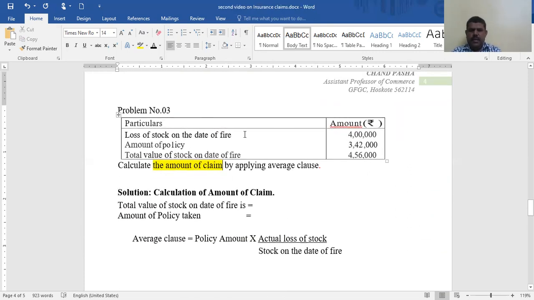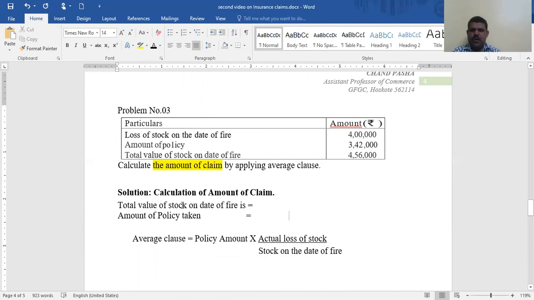Loss 4 lakh, amount of policy 3,42,000 and the stock on the date of fire is 4,56,000. So, solution, calculation of amount of claim. First, let us write down the information one by one so that we can come to a conclusion.